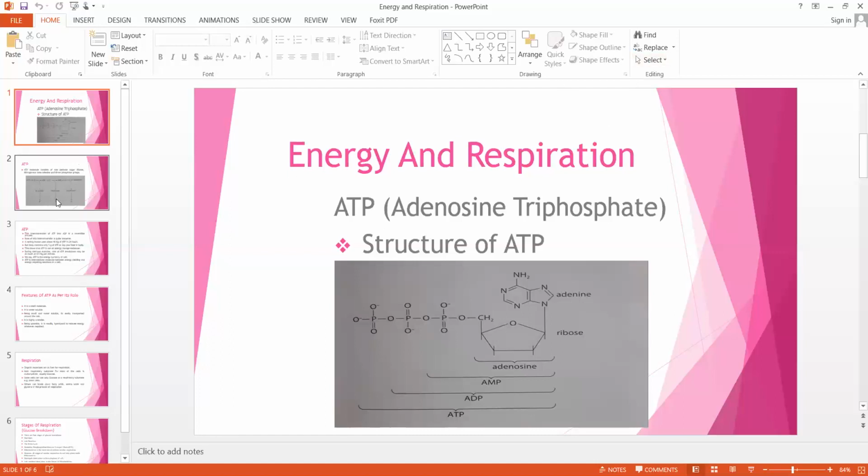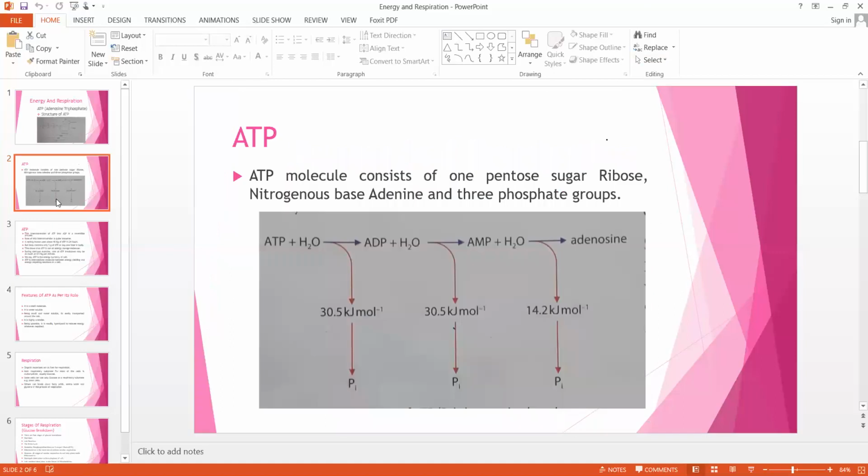So coming to the hydrolysis of ATP, you can see over here when ATP gets hydrolyzed in the first step and changes into ADP with the removal of the first phosphate group, 30.5 kilojoules per mole of energy is released. Again, in the second step, when the second phosphate group is removed, the same amount of energy is released and ADP changes into AMP.